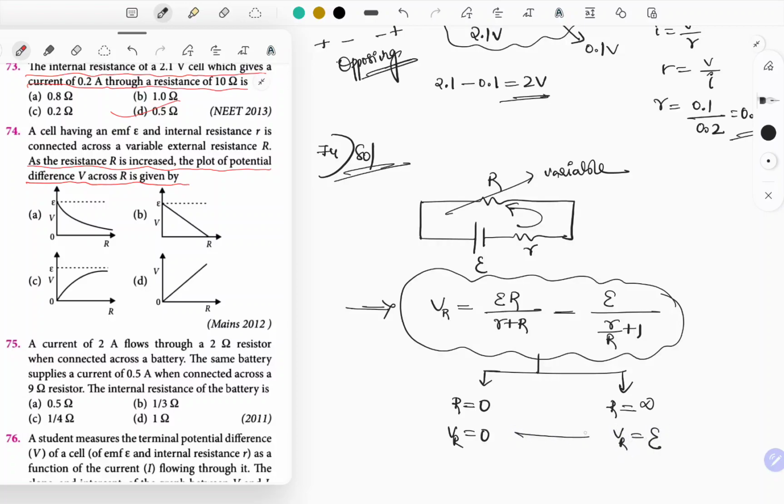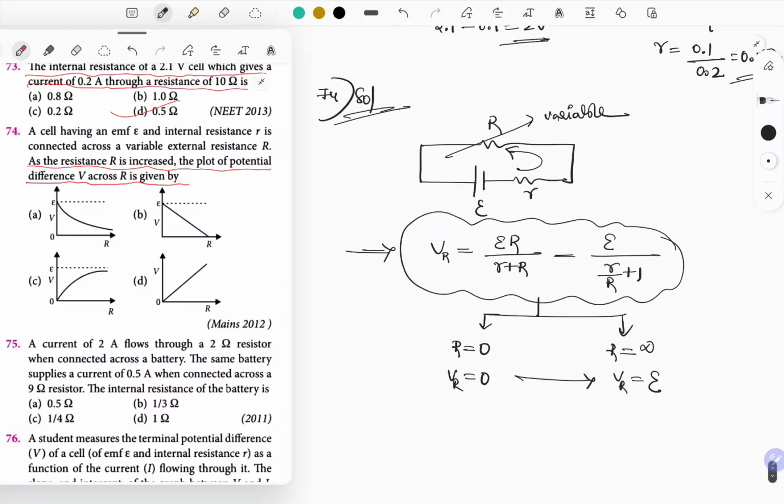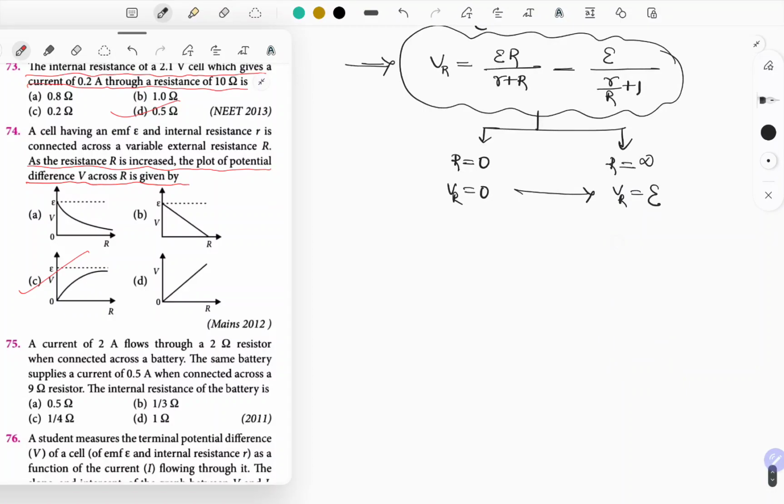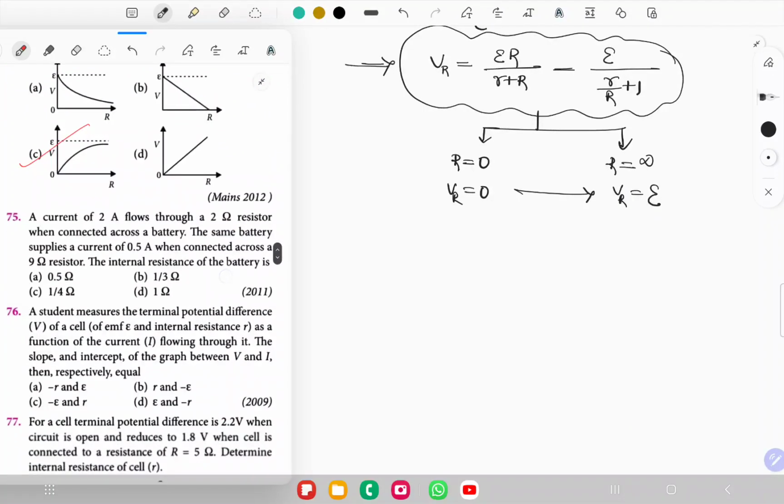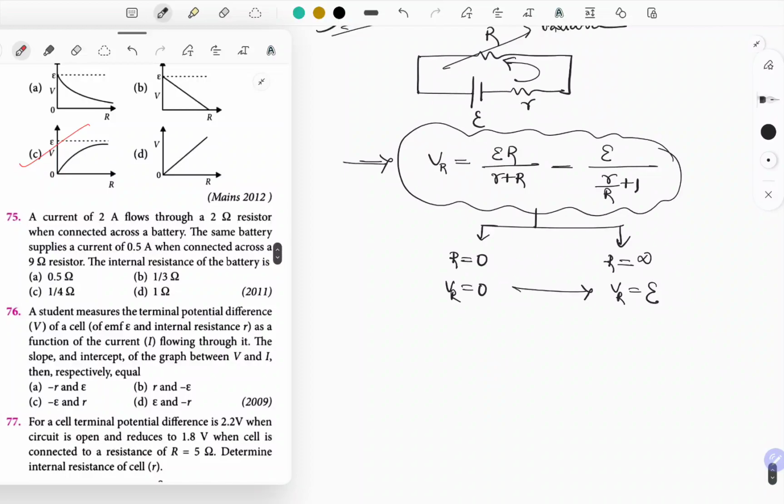That means voltage is increasing from 0 to the maximum value, that is E. So the only option which is matching is option C. That's the correct answer for question number 74. Understood? Let's try question number 75.